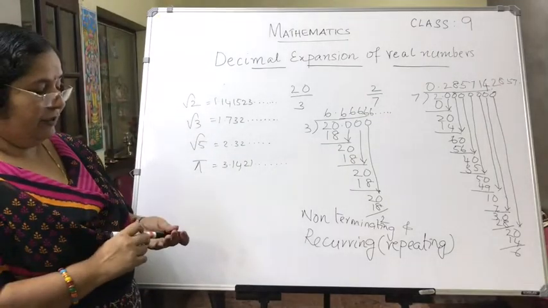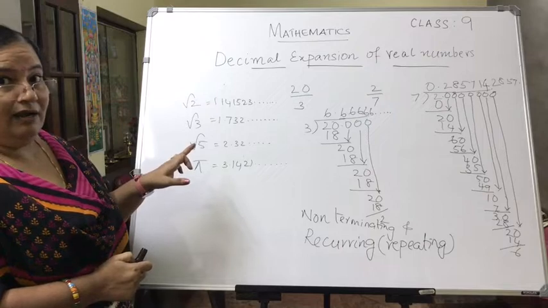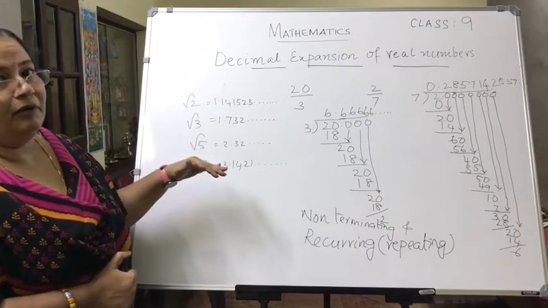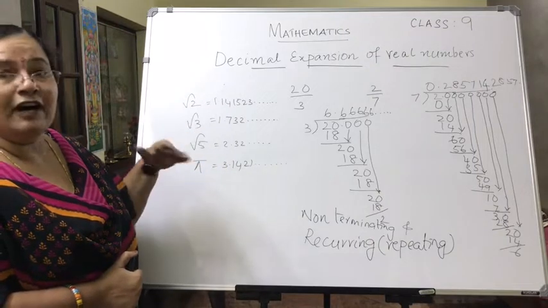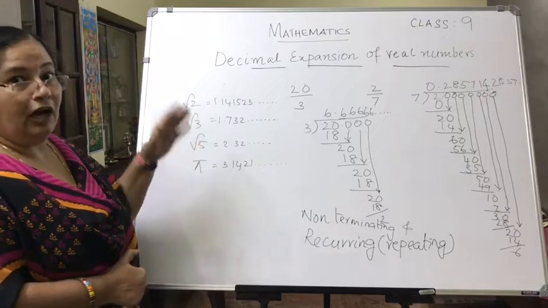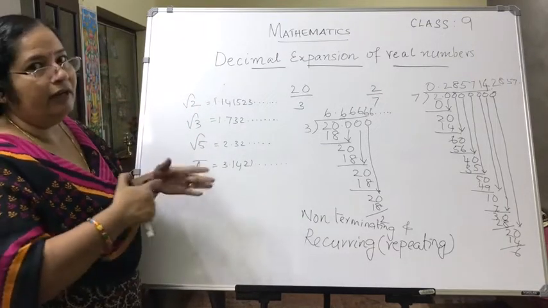That day when I took the class, I told you about pi, that about a trillion decimal places have already been found out by mathematicians using very fast computers. Even then it is not ending.